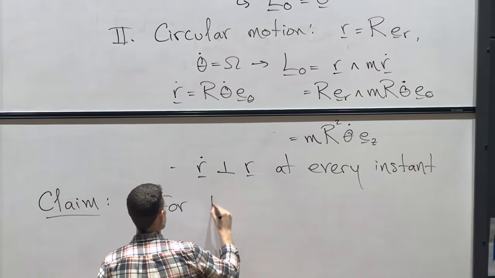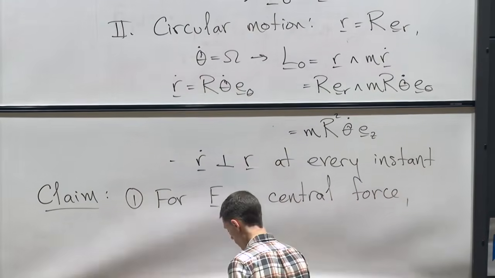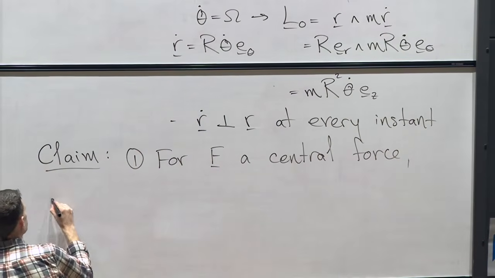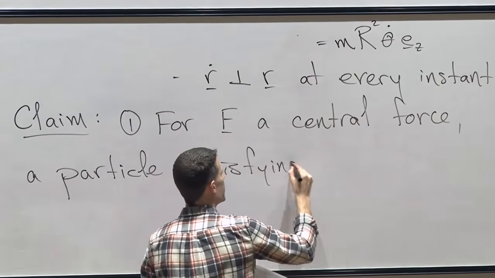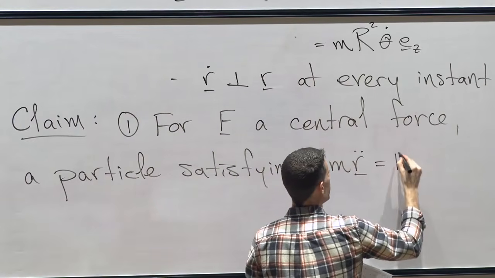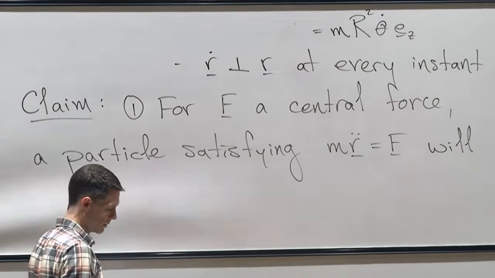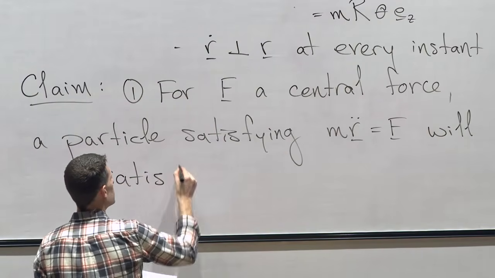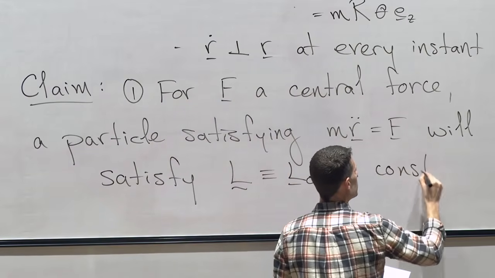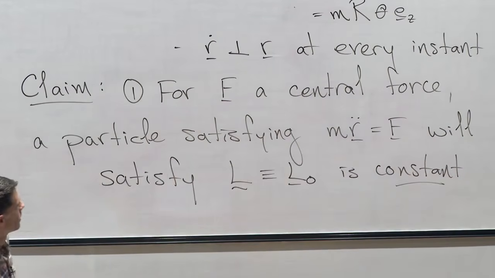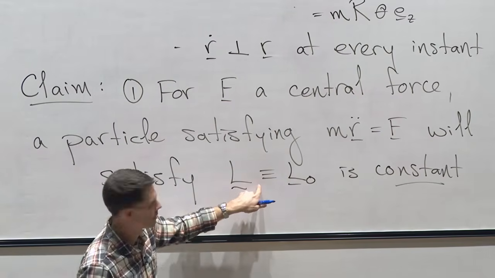One, for F a central force, a particle satisfying Newton's second law for this F, in other words, a particle satisfying m r double dot equals F, will have constant angular momentum L0, or will also satisfy L equal to constant. So we'll think about the origin, and by default, if we don't put the subscript, we probably mean sub-0.